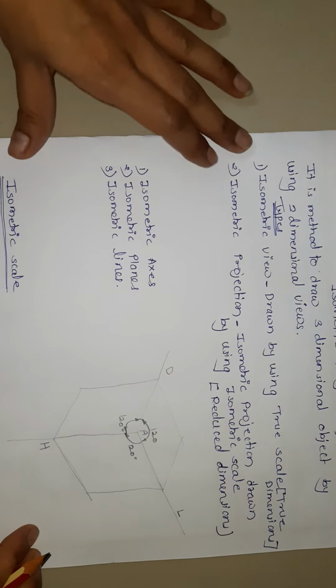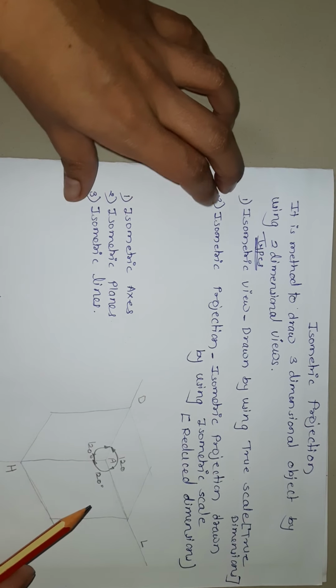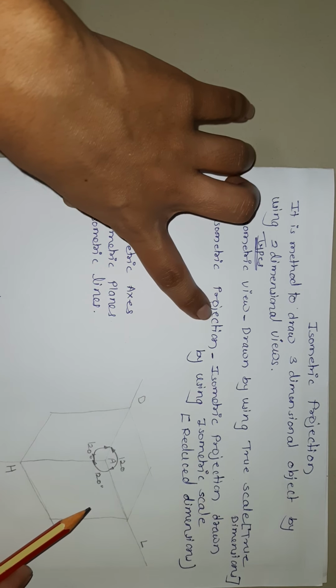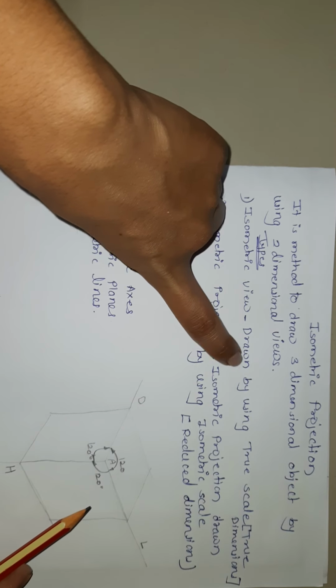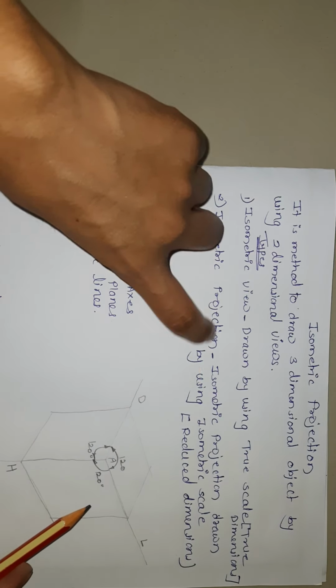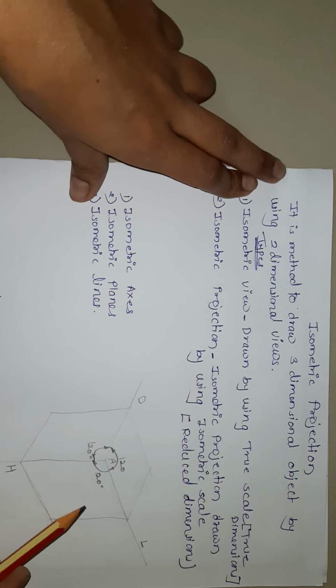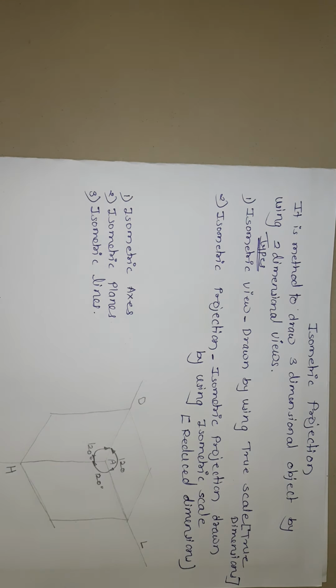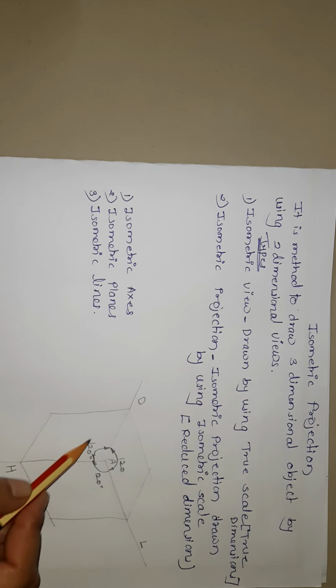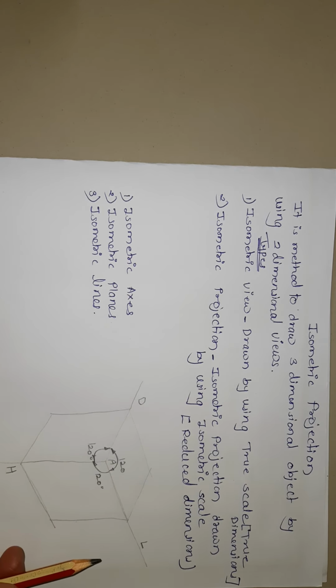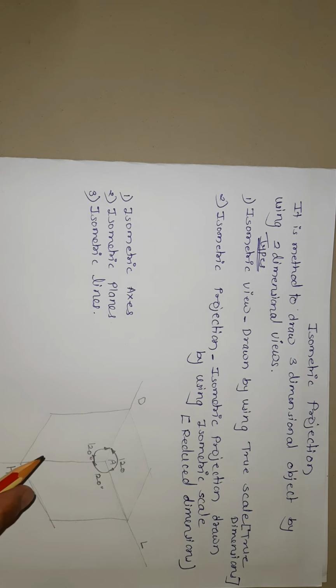As I told you, there are two types of projection: isometric view and isometric projection. In isometric view we draw the object by using true dimensions, and in isometric projection we draw the object by using isometric scale or a reduced scale, right? Now this is an object. When we want to see all the dimensions of this object or any object, you have to hold the object in such a way that all three dimensions are visible.